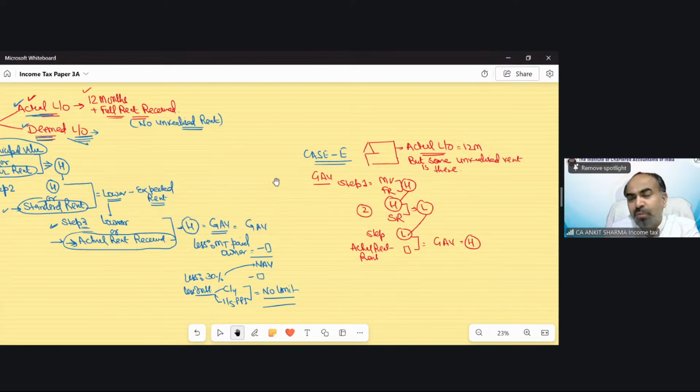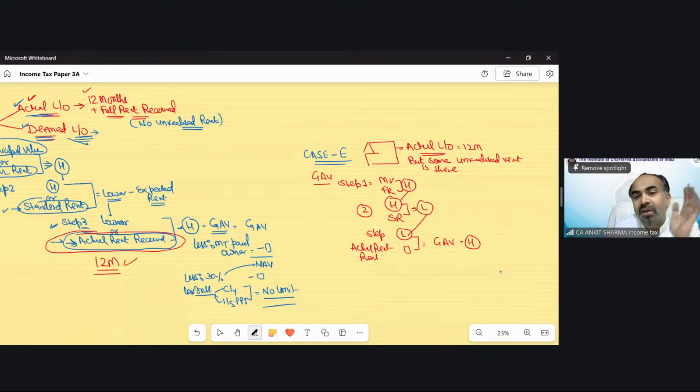Yes, the difference would be actual rent receipt. In case of case number D, the actual rent receipt would be always for 12 months, because we consider only those cases, case number D, when full rental value received. But in case number E, the actual rent would be less than 12 months.